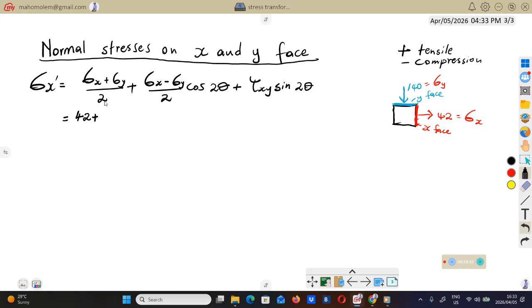Plus stress Y is compressive. It's negative 140, over 2, plus 42 minus negative 140.